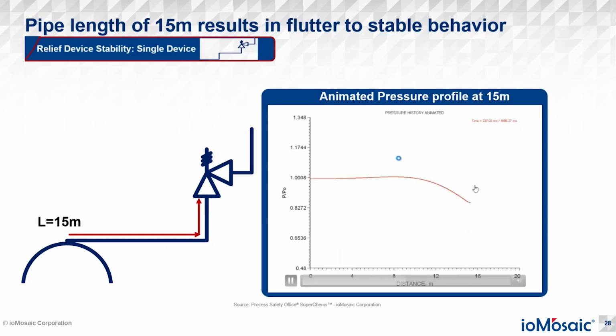If I get my mouse, right here is the PSV at the end of the animation. But as time progresses, the relief device motion becomes pretty much out of sync with the pressure waves, and that fluttering, that instability, then becomes a quasi-stable behavior.